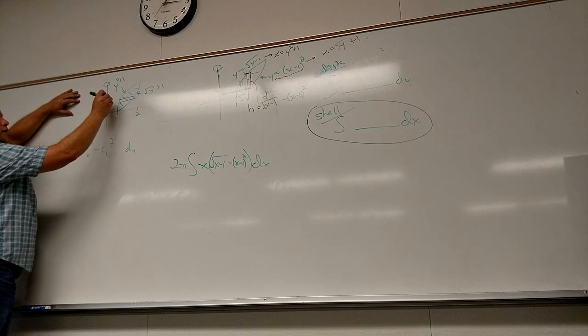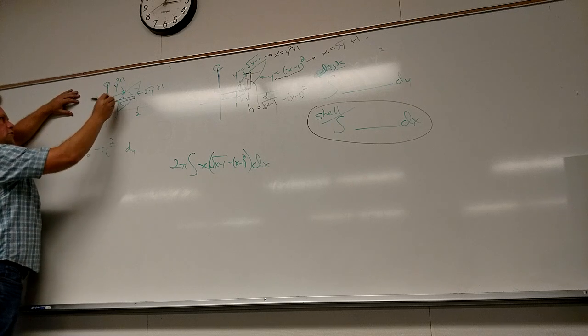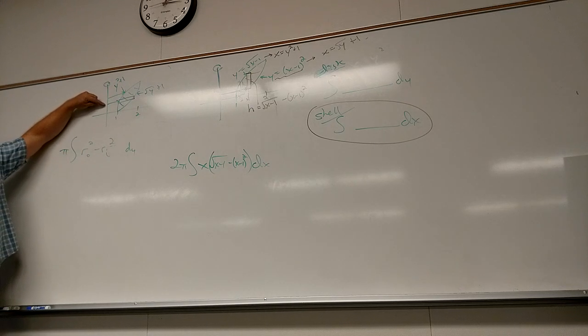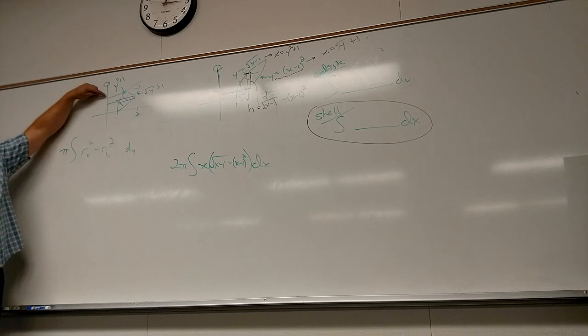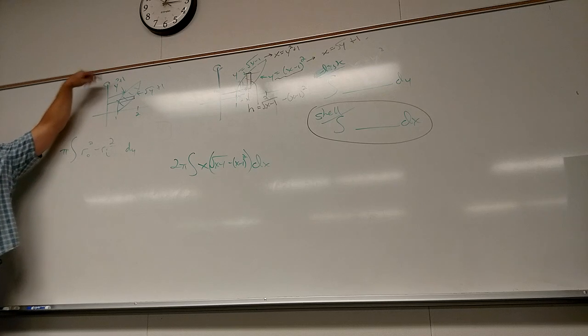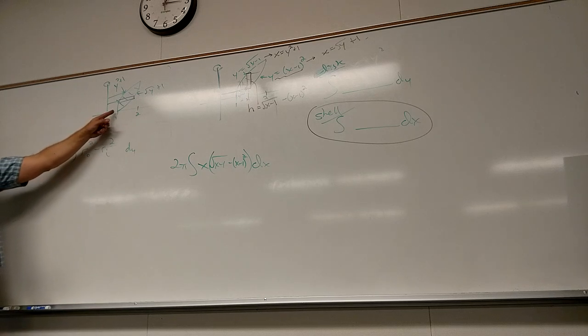So what's the inner radius? You gotta draw a couple maybe just to make sure you're getting it right. What's this height determined by? How far away am I? Y squared plus 1. That's where you stop. That's the wall you stop at. That's how far away it is. Y squared plus 1. If y is 0, how far away is it supposed to be? 1.